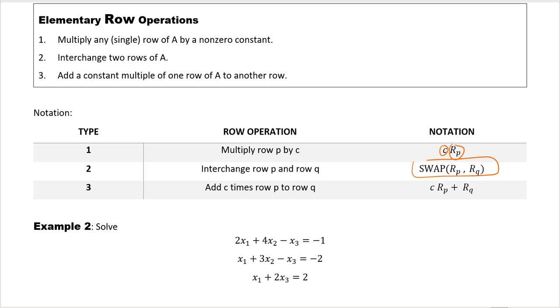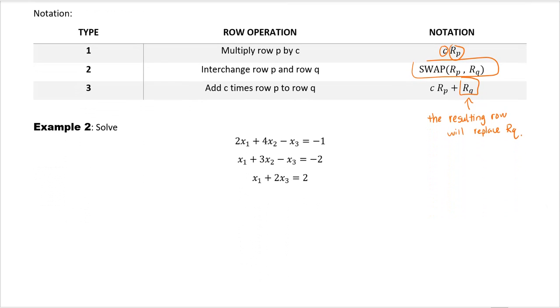C times row P add to row Q, and the resulting row will replace row Q, okay? So we will replace row Q with this new row, C times row P plus row Q, okay? So let me write this down. The resulting row will replace row Q.